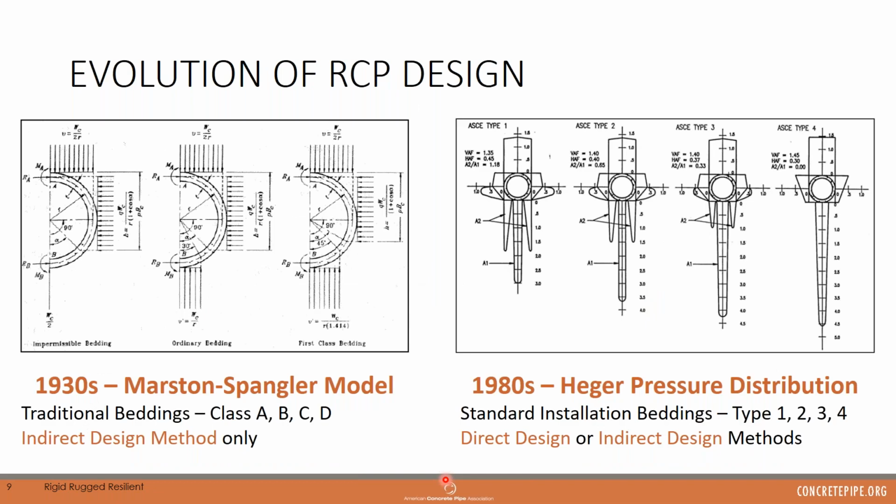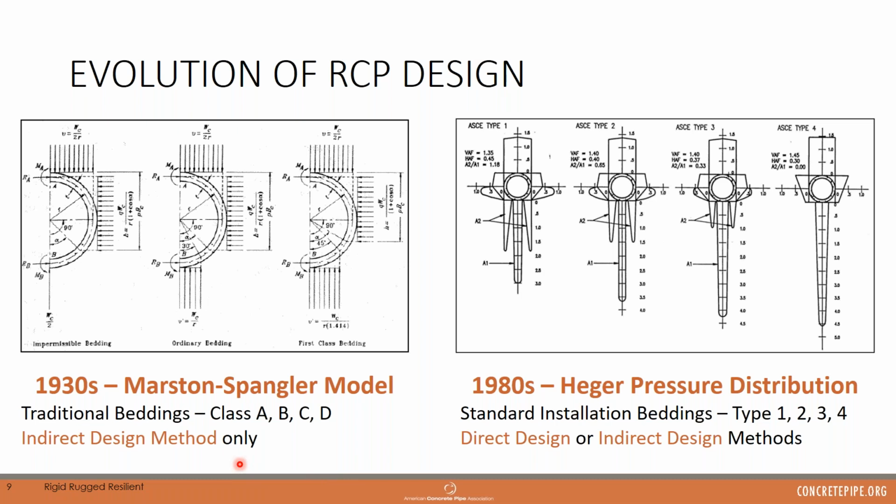Now, as far as the evolution of concrete pipe design, back in the 1930s, Marston and Spangler came up with some design theories, and they came up with what we call traditional beddings now, class A, B, C, or D. And they also developed the indirect design method. It was very much empirical.